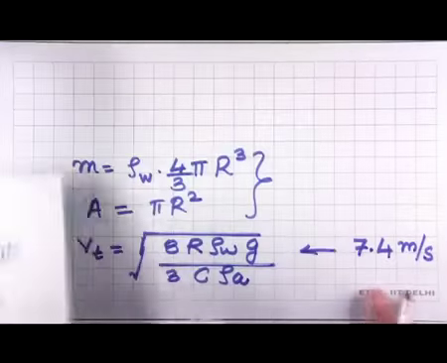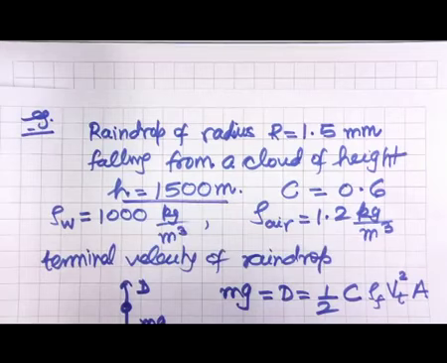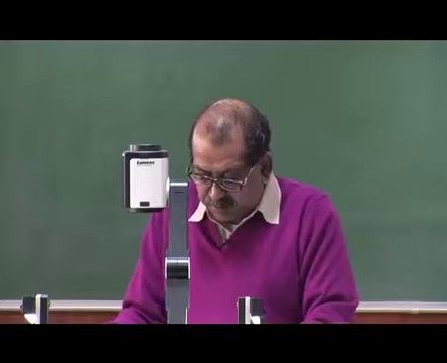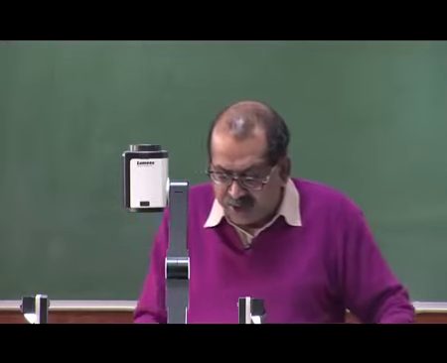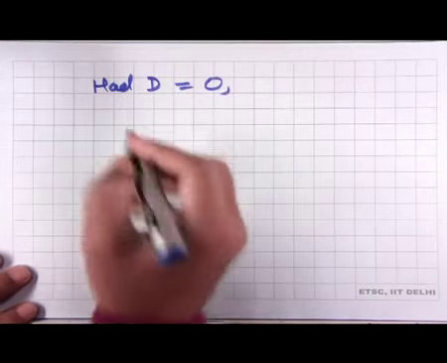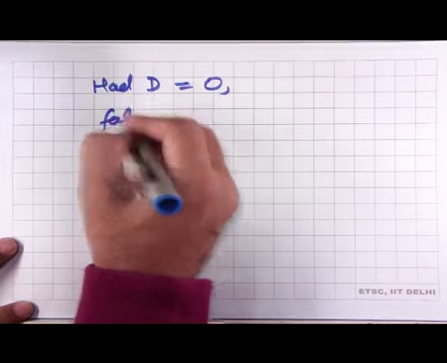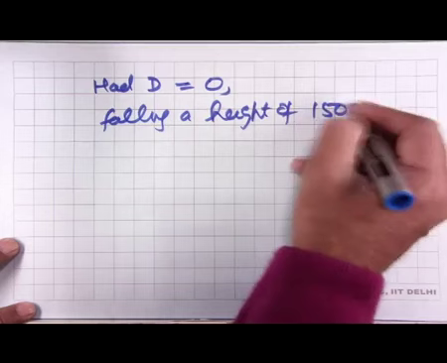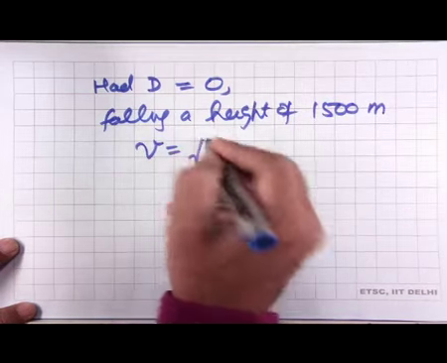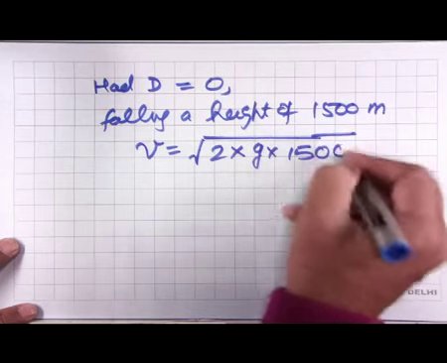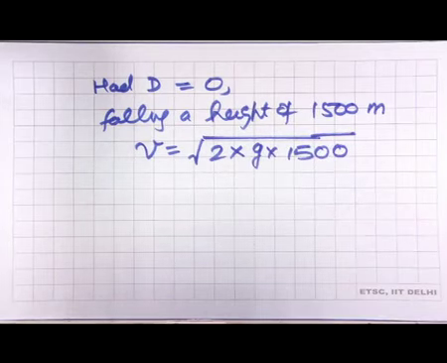Now we realize this answer is independent of h, and had the drag force been equal to 0, then for a falling height of 1500 meters, velocity would have been equal to root of 2 times g times 1500, which would have been of the order of something like 200 meters per second.